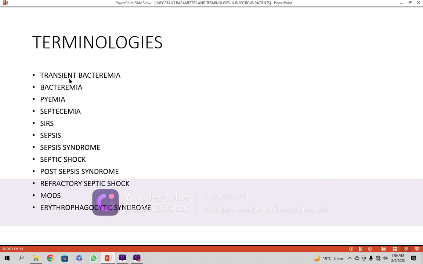It is transient, 1 day, 2 days, they are fighting each other. War is a war. The war will take time. It may be 1 day, it may be 1 hour, it may be 2 days. The patient is asymptomatic in this condition. The first terminology is transient bacteremia.